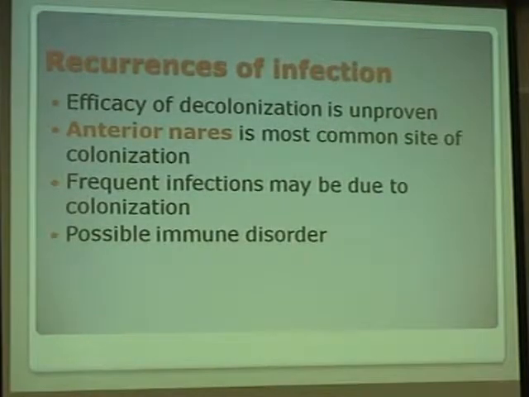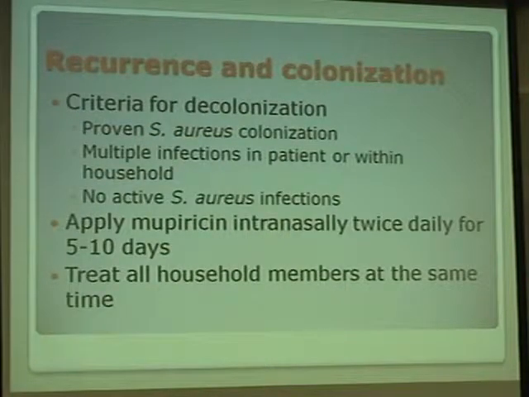So the nares is the most common site of colonization. So criteria for trying to decolonize a patient would be to know that you have Staph aureus colonization, that you've had multiple infections in that particular patient or within the household, and you want to do this when they are not actively infected.